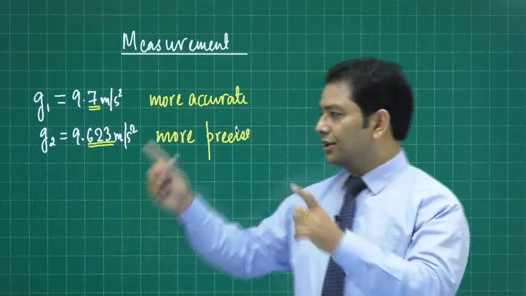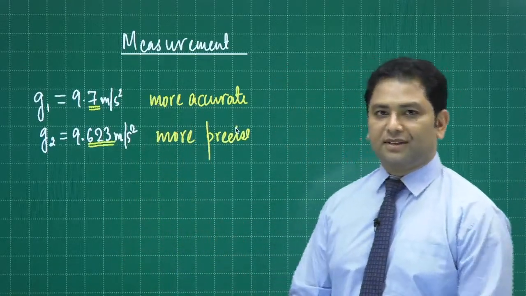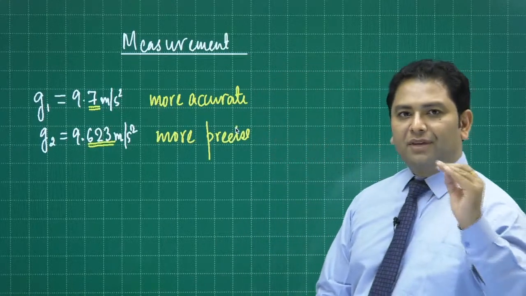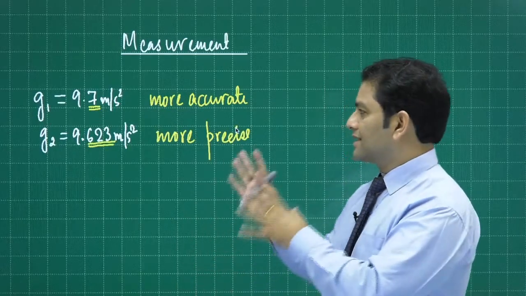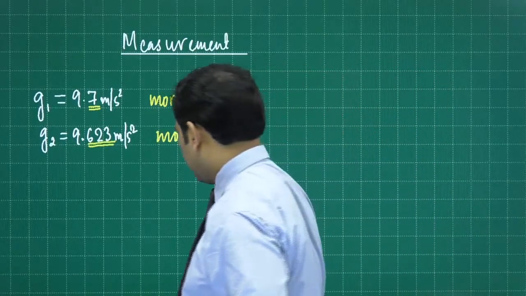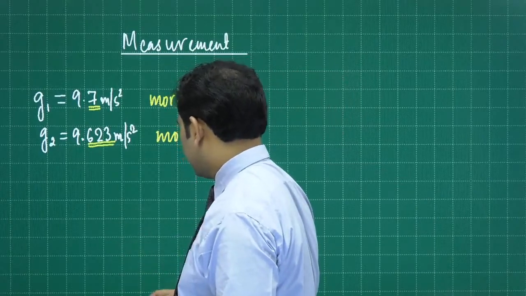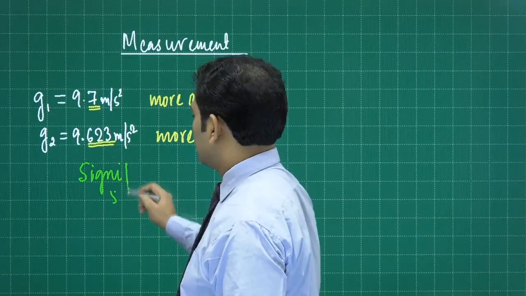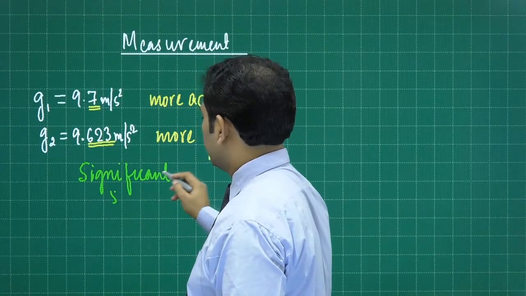Anything can happen. You need to observe. And there is a very formal science to measure the precision part, and that is what you call the significant figure. So now we will build our understanding of significant figures.